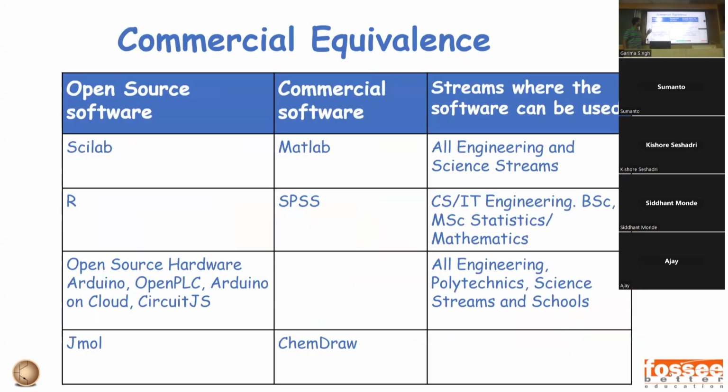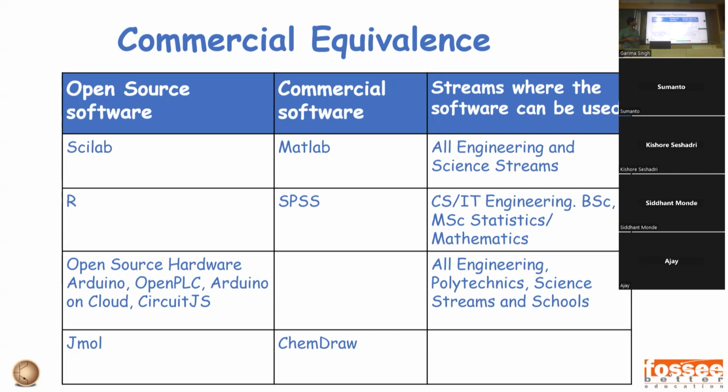So these are the substitutes. Many of you might be using MATLAB. How many of you have used MATLAB in your curriculum? You may not know how much the institute pays for MATLAB licenses. But Scilab is free of cost. Just out of curiosity, go to the MATLAB website and check how much the licenses cost.